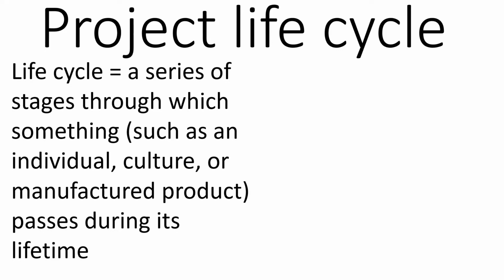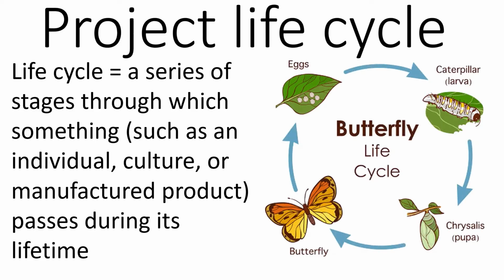Project life cycle. A life cycle is a series of stages through which something such as an individual, culture, or manufactured product passes during its lifetime. You can see here a butterfly, for example.